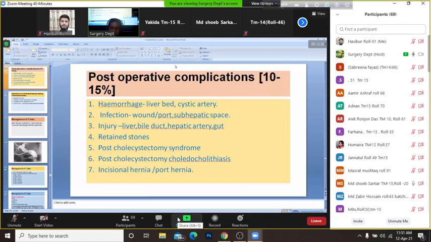Third one, আমরা যখন dissection করব, particularly the area of the Calot's triangle, there might be injury to the gallbladder, injury to the cystic artery, hepatic artery, or hepatic duct, common bile duct. So complications might be related to dissection by hand instrument.